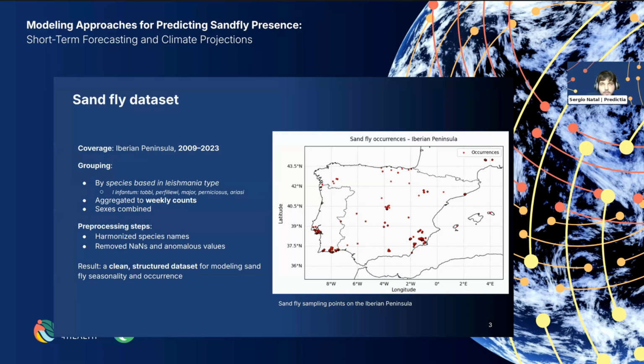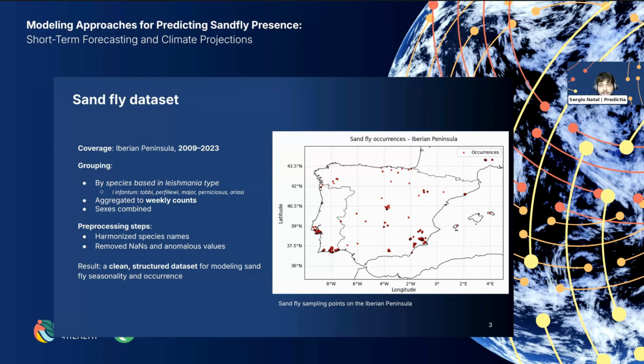As I said during the climate projections presentation, first I'm going to talk about the data that we use to develop these models. In this study, we work only in the Iberian Peninsula for this use case.